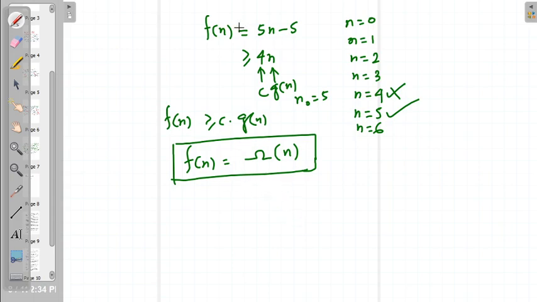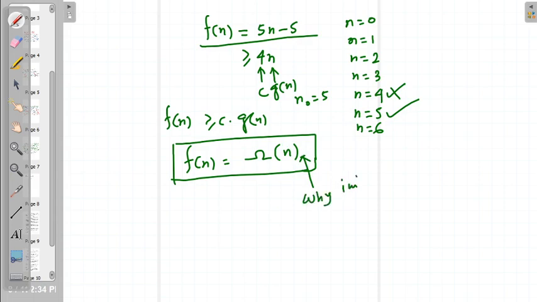So this is the solution. If somebody is telling that f(n) equals omega n, then definitely you can check whether he is telling right or wrong. And you see why this omega notation is important.